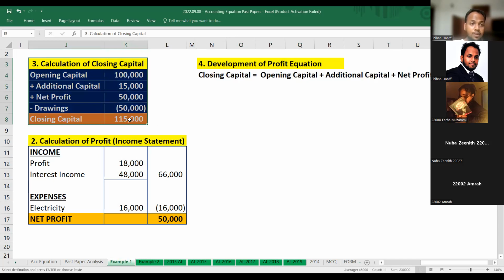Now let's convert this equation to net profit. Let's take the net profit on one side and keep everything on the other side.